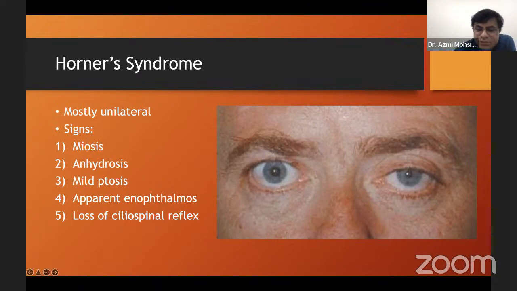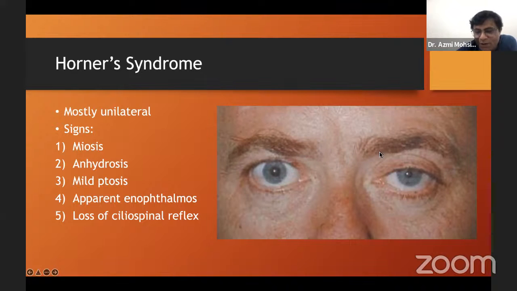Here's the image you can appreciate, and you can guess that we are talking about Horner syndrome of which eye, the right eye or the left eye. You have to appreciate it from the image, so you should look at the ptosis. You can see this upper eyelid is not at the same level as the upper eyelid in the opposite eye.